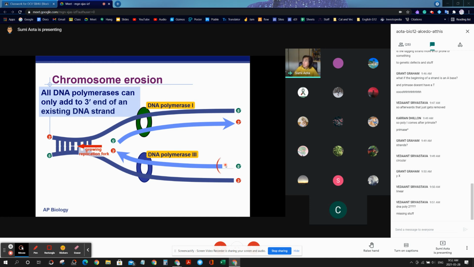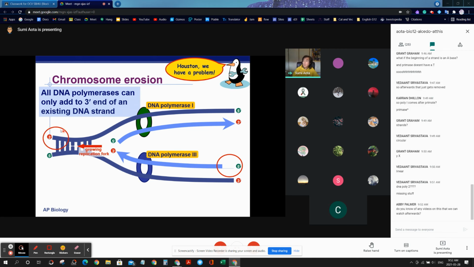DNA poly 1 will come along, remove the RNA, and you're left with missing chromosome. So this is what we call chromosome erosion. As Fillmore says, Houston, we have a problem. You're also going to have the same issue at this end on the other side.